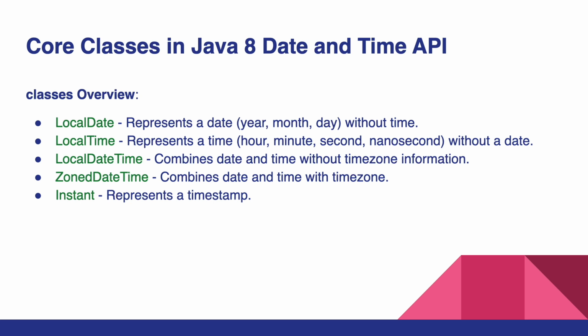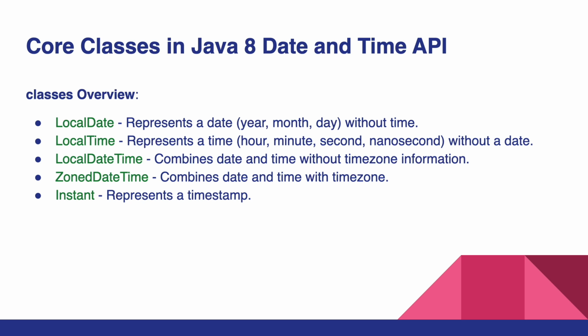LocalDateTime combines both date and time but lacks time zone information, suitable for in-office activities. ZonedDateTime merges date and time with time zone information, crucial for applications operating in multiple time zones.